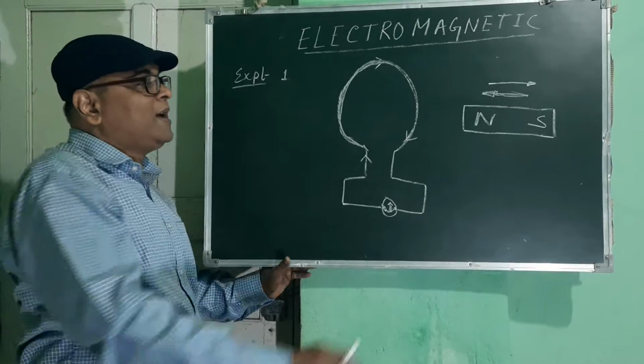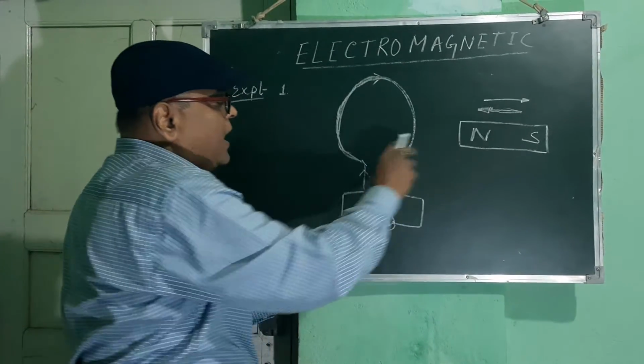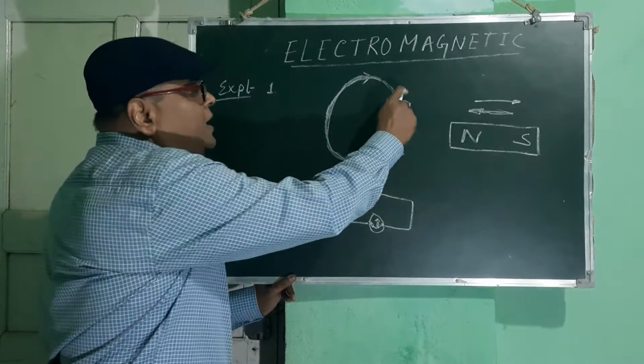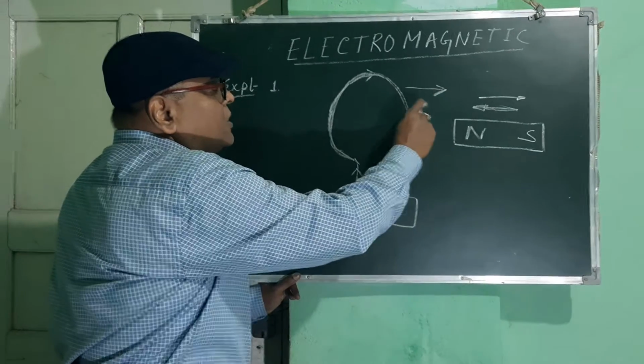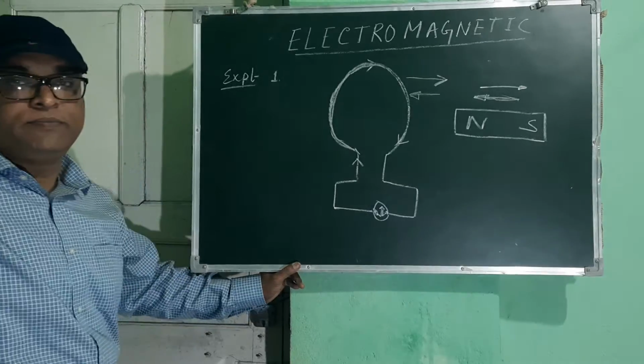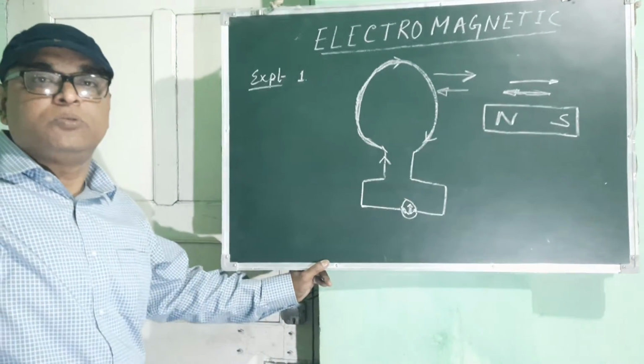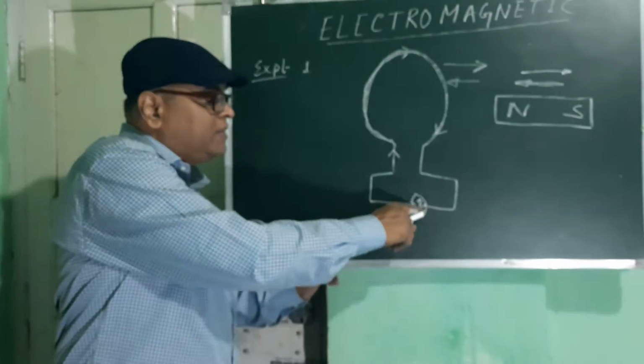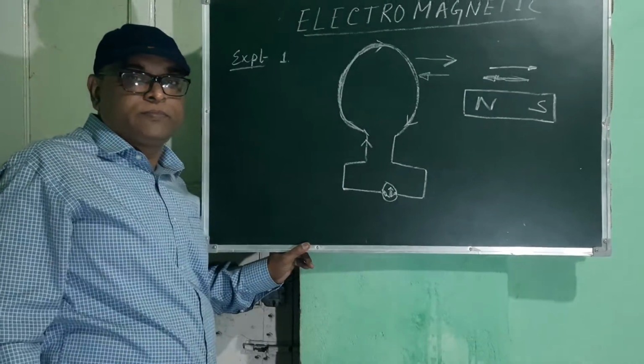Instead, if the magnet is at rest and the coil is moving to and fro towards the magnet, then the galvanometer will also show deflection.